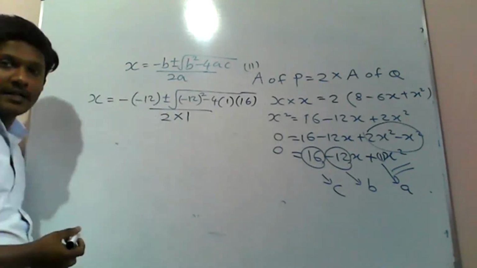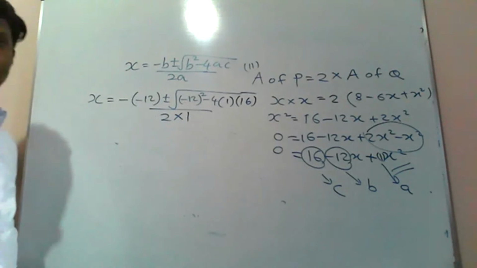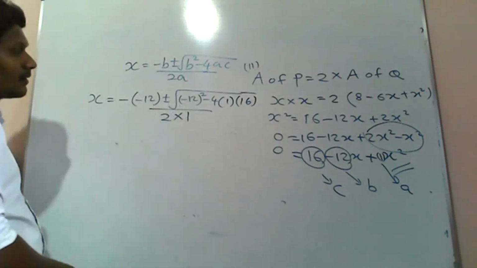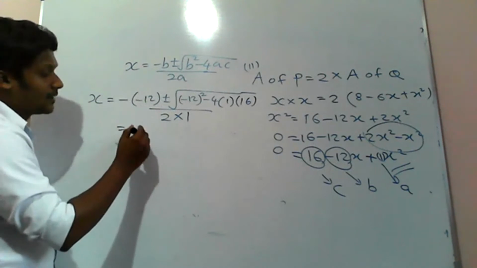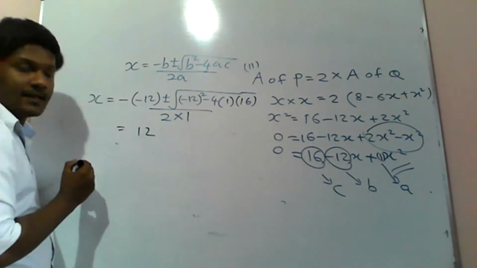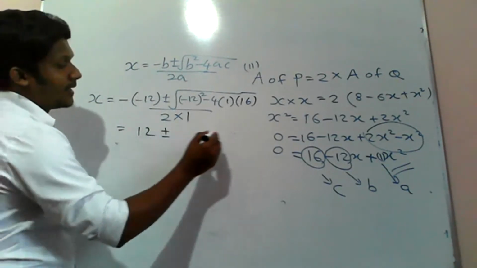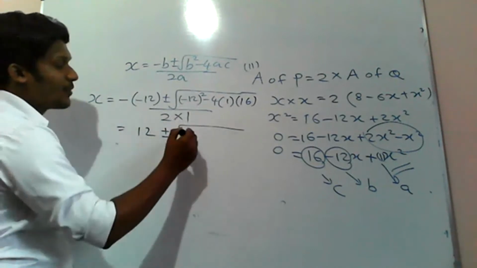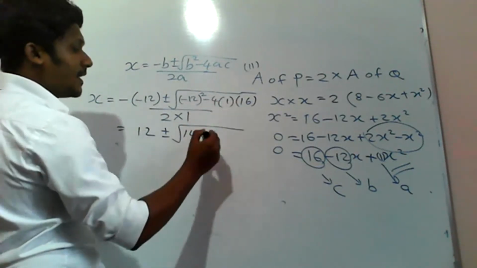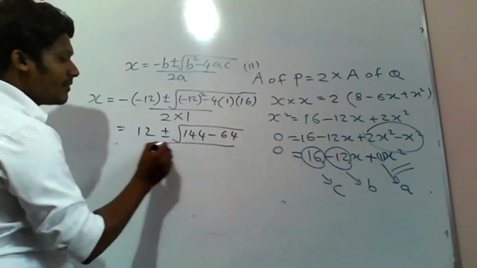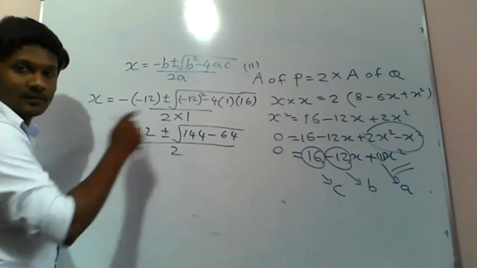Now we can simplify it using normal calculations. Minus into minus is plus 12, and plus or minus the square root of 12 squared, 144, minus 4 times 16, 64, divided by 2 times 1, 2.